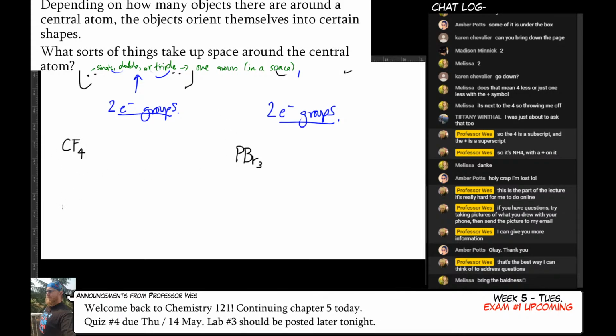Draw their Lewis structures. I'll give you a few minutes to do that, and then once you've done that, I will draw the Lewis structures too, and we'll talk about how many electron groups each has. Once you have drawn it, try to count the electron groups around the central atom yourself and see if you notice anything similar about them. So go ahead and try it, and we'll be back in just a second to go over the answer.